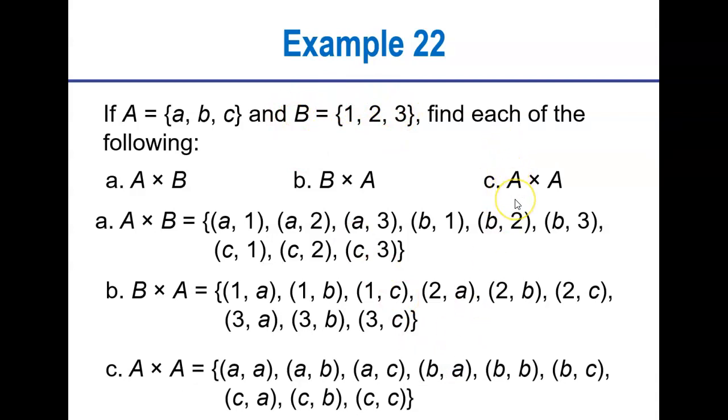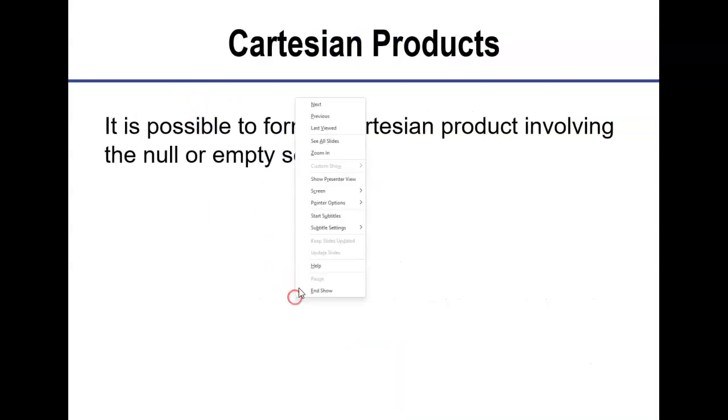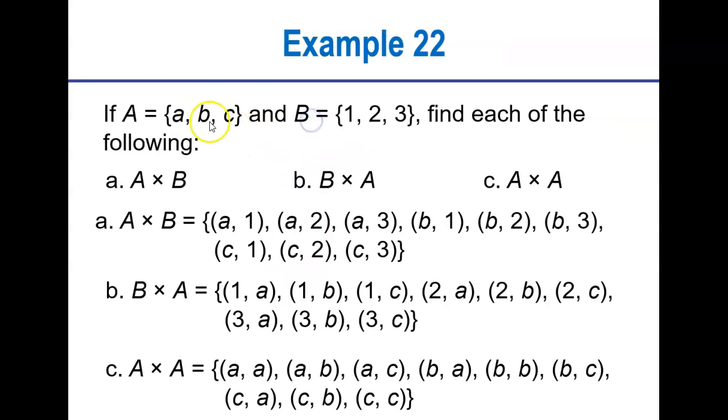Now, if we do the Cartesian product for A to A, we would say (a, a), (a, b), (a, c). Then we have (b, a), (b, b), and (b, c). And then we have (c, a), (c, b), and (c, c).